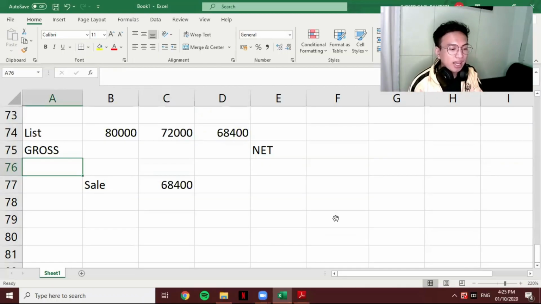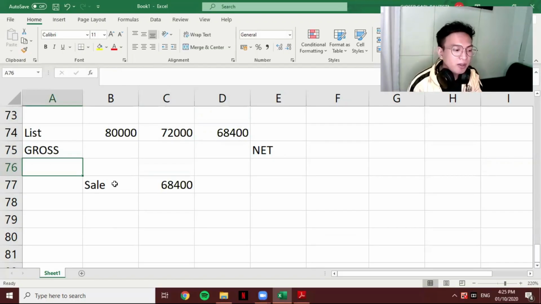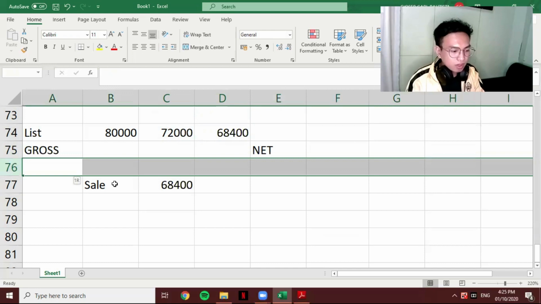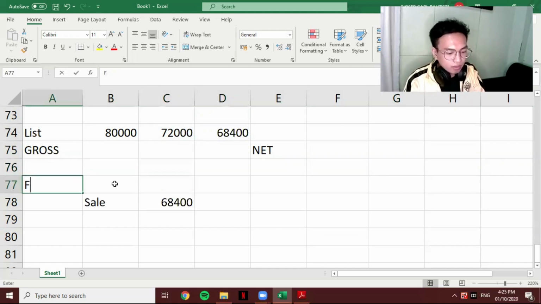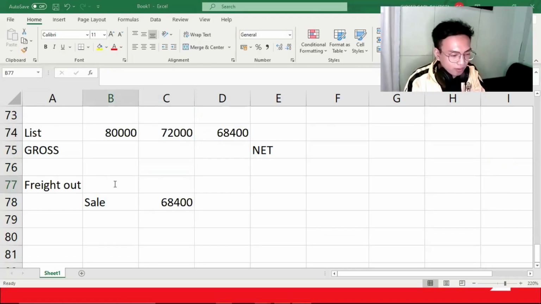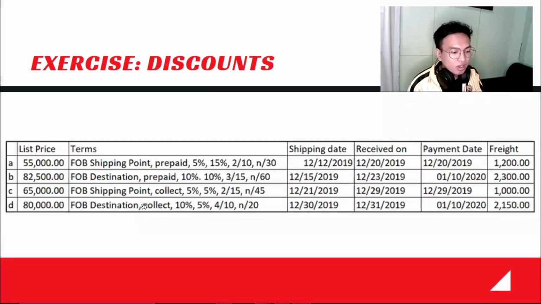Now, is it our freight? Yes. Dahil this is destination and we are the seller. Sale, no? So, freight out amounting to how much? 2,150. Tayo ba ang nagbayad? Collect.